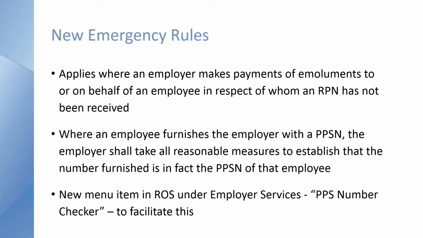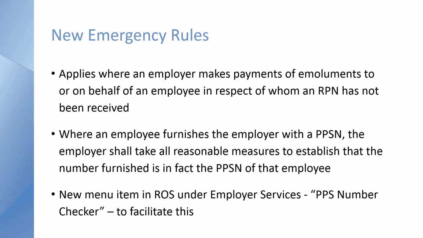These new emergency rules apply where an employer makes payments of emoluments to or on behalf of an employee in respect of whom an RPN has not been received. So when we showed you in the software earlier, when we do the lookup RPN for existing employees and for new employees, if we don't receive any information back for those employees that we're inquiring about, we have to automatically apply emergency tax at that stage.